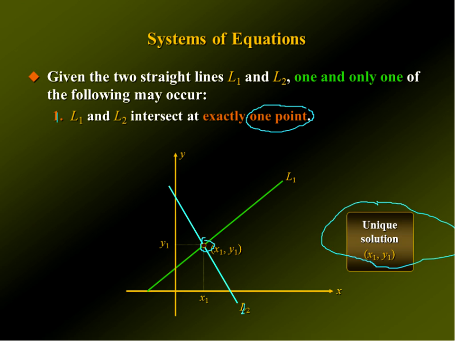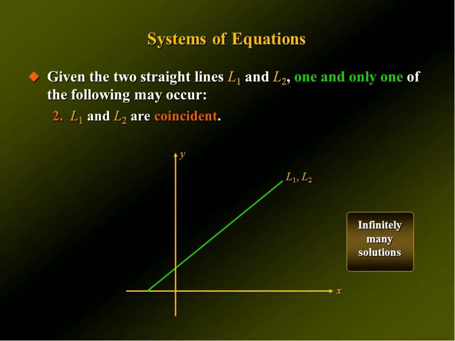Now the second point. Given two straight lines L1 and L2, the second possibility is that L1 and L2 are coincident. The meaning of coincident is this: if this is L1, and we have another line L2 on top of it, and L1 and L2 are the same, then it is called coincident.